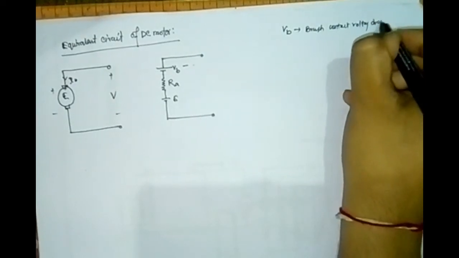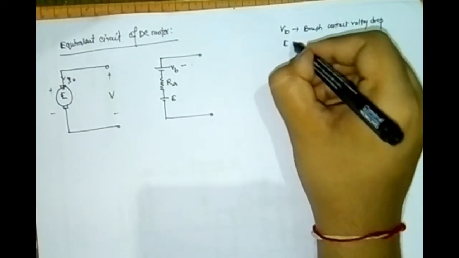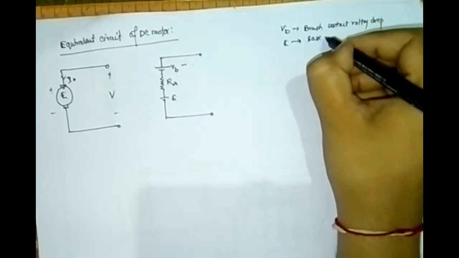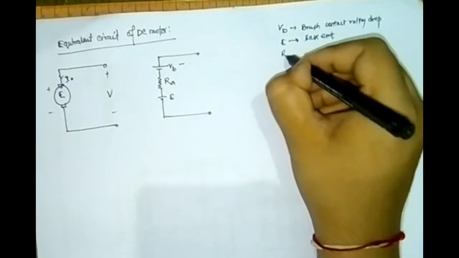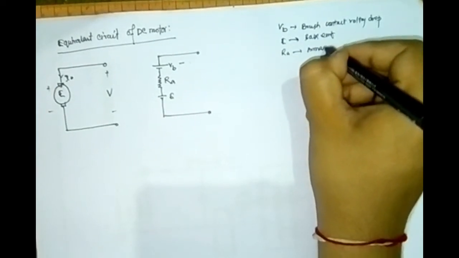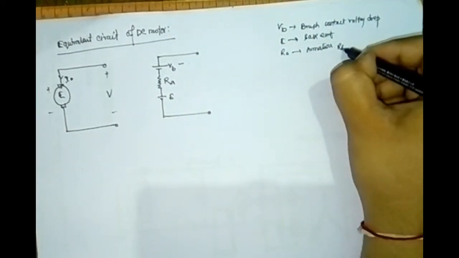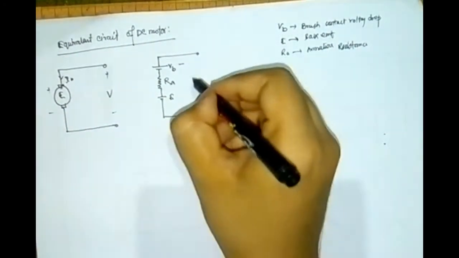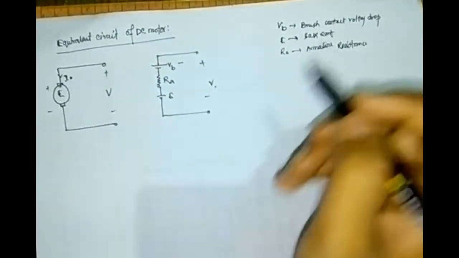E is the back EMF, and RA is the armature resistance. Now here the supply voltage V.